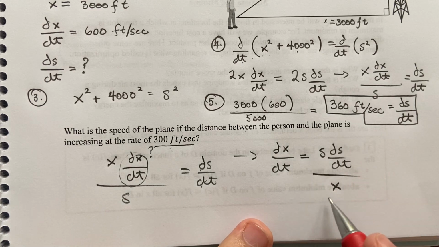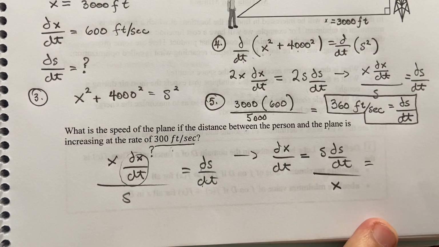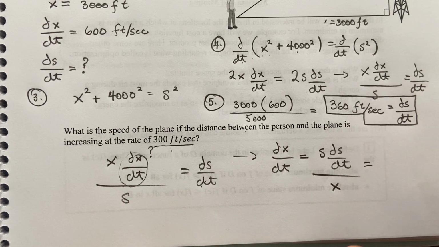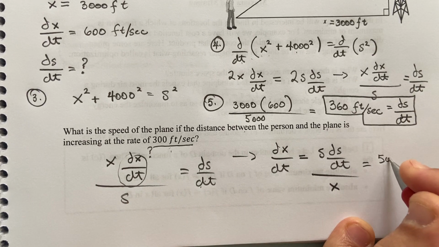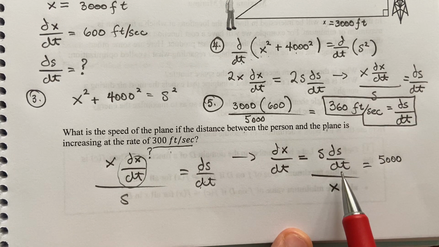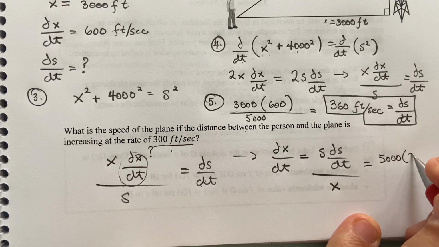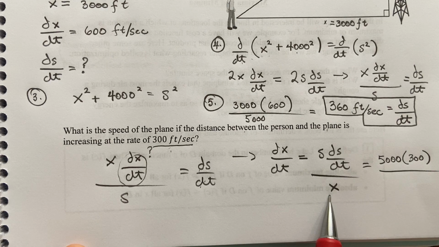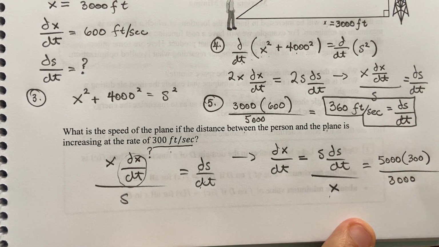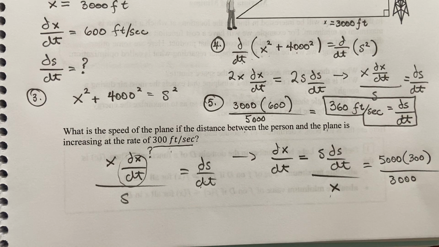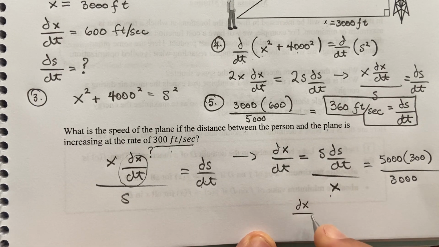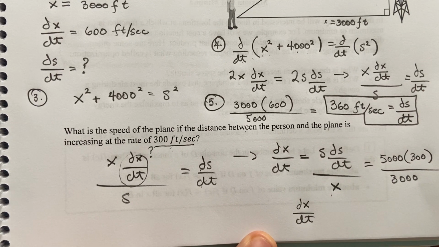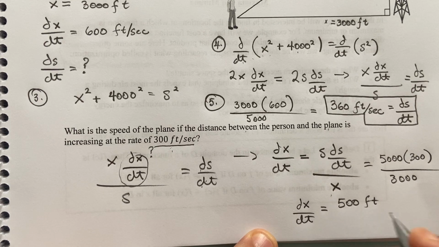And now we know everything over here, so I can plug in. So s was still this 5,000. Now ds/dt is assumed to be 300. And then I'm dividing that by x in this case, which is still assumed to be this 3,000. Doing all that, you'll find dx/dt, in other words, the plane speed in this hypothetical, would be 500 feet per second.